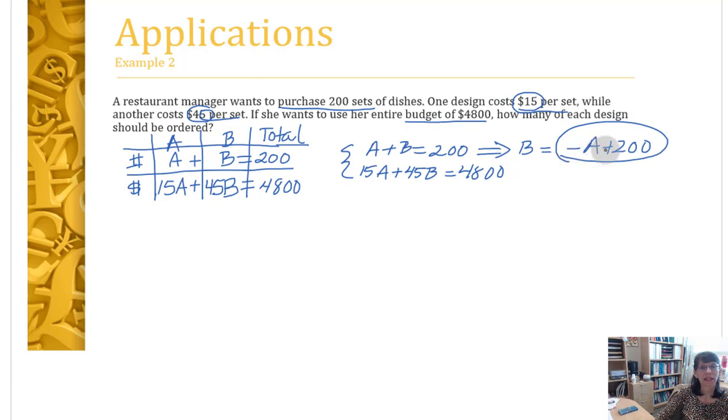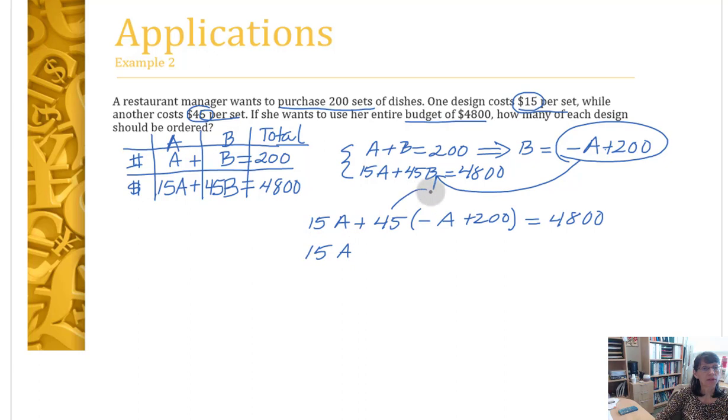This gives me negative A plus 200 to substitute for B into the other linear equation. We now have 15A plus 45 times negative A plus 200 equals 4,800. Notice now we have one equation in one variable, so we should be able to solve for A.